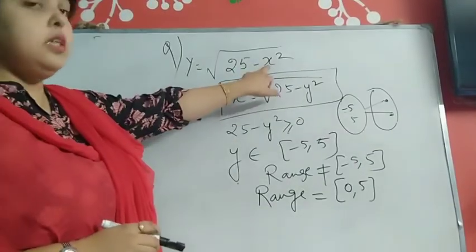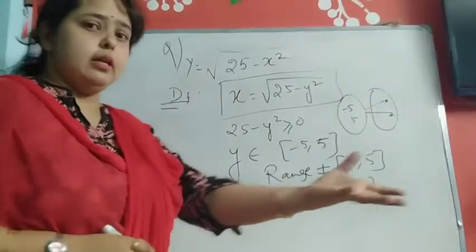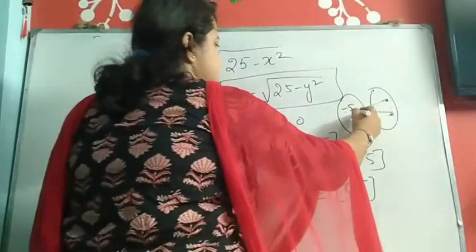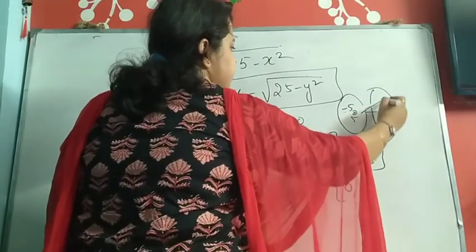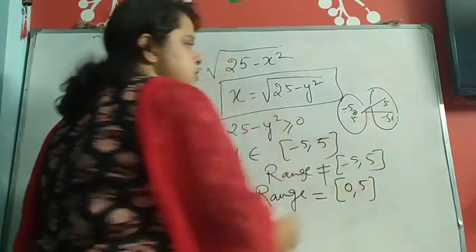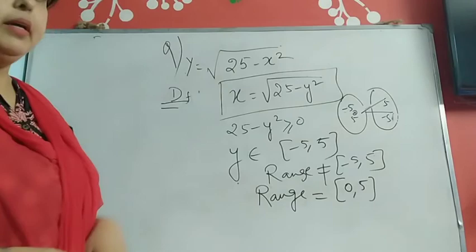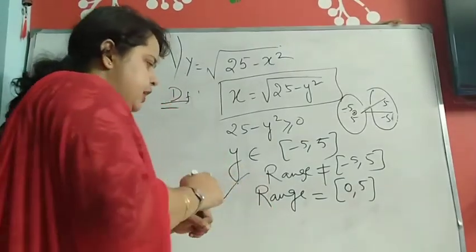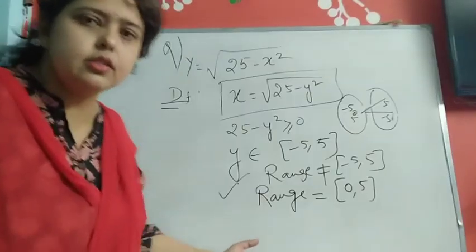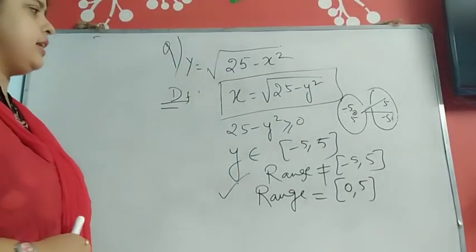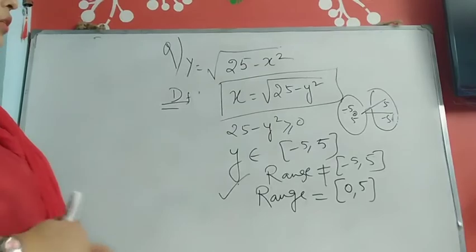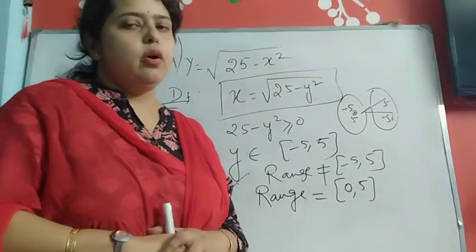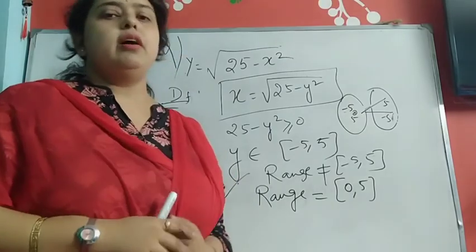Suppose if x is 0, then it is going to deliver +5 and -5, which is definitely making it not a function. Okay, so we have to remember that whenever we are putting the last answer, we must see whether it is satisfying the relation or not. Okay, so this is all about finding the domain and range of a function.